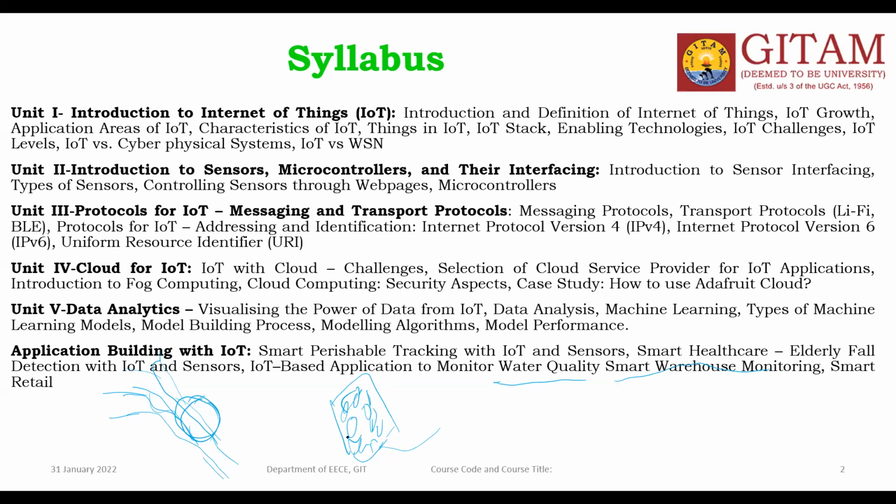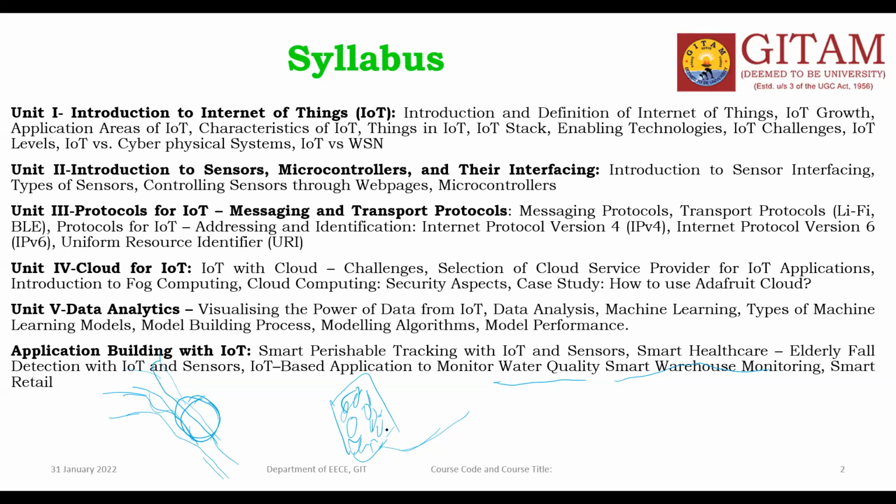You can continuously monitor whether the settings of the cooling system are good and it is running well. Also, suppose rats or something eat the food grains, you can visualize that by keeping cameras inside the warehouse, connected to the internet with the device. So a smart warehouse system is also provided.